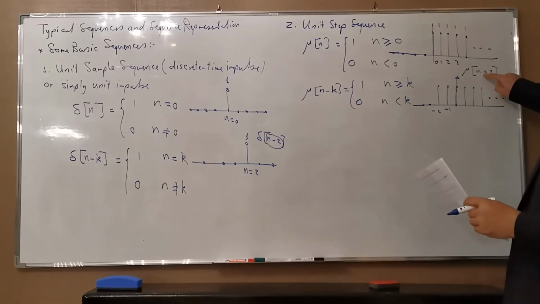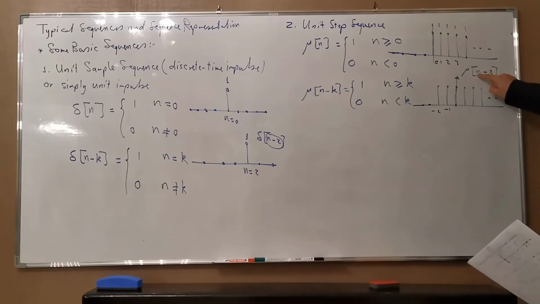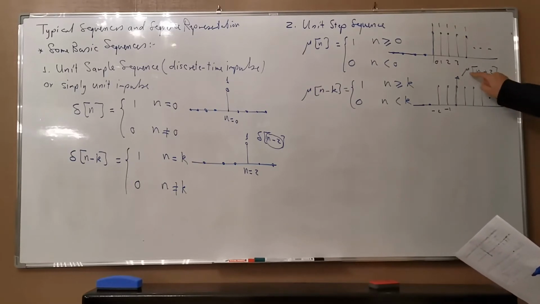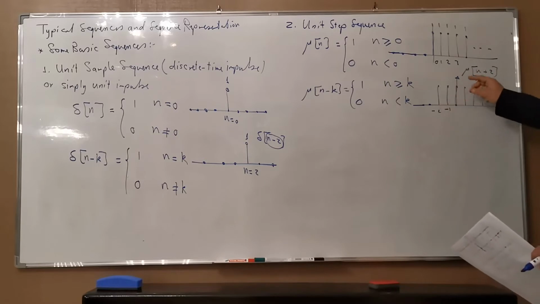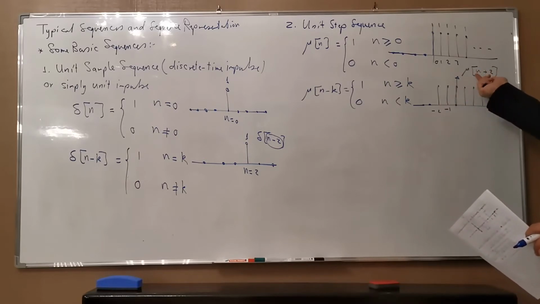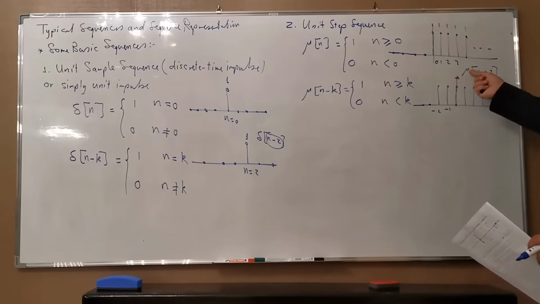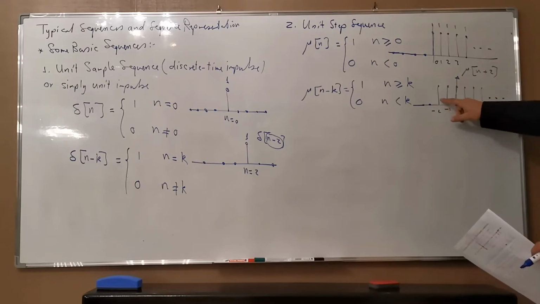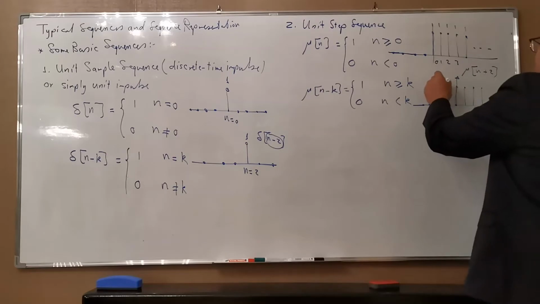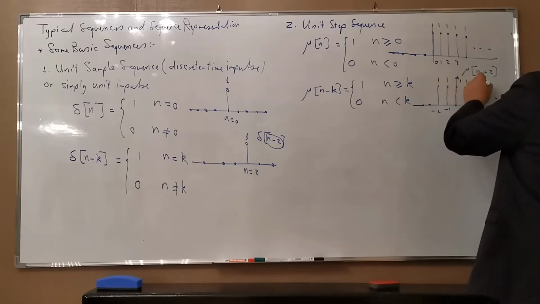So when n equals -2, -2 plus 2 is equal to 0, so mu of 0 is equal to 1. Whenever the argument inside the brackets is greater than or equal to 0, mu of this argument is 1. Otherwise, it is equal to 0. Okay?